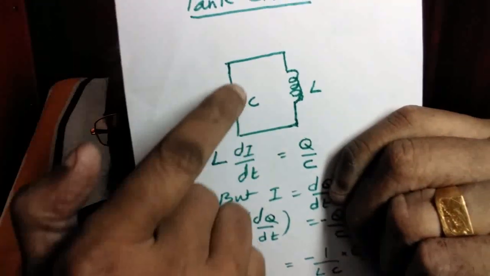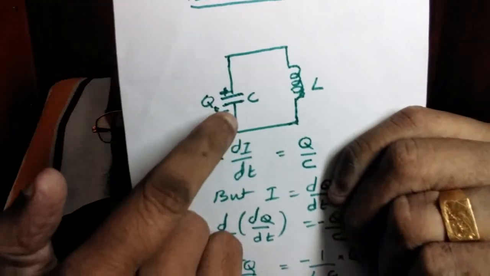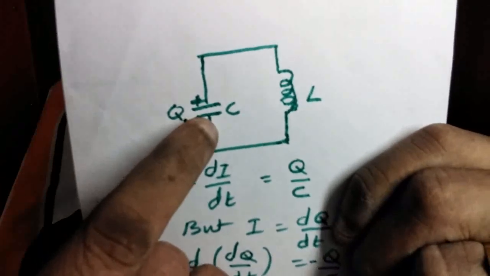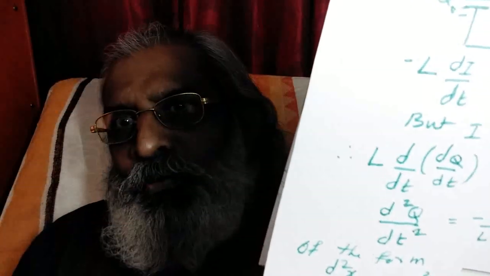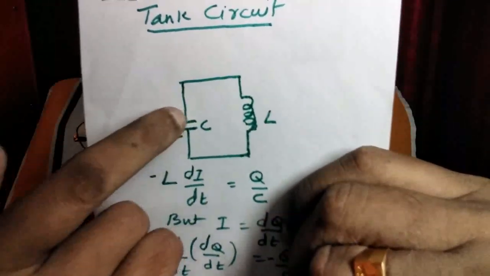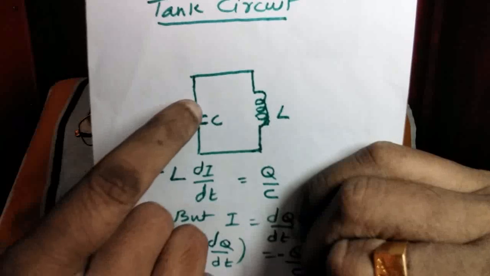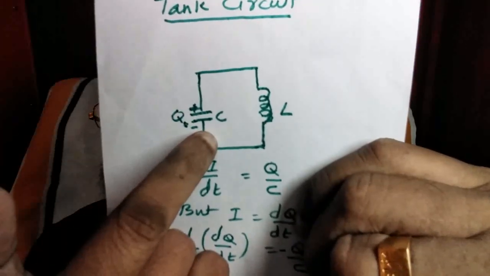Because of the electrical inertia of the circuit, in place of 2000 electrons, some more electrons, say 3000 electrons, will flow because of inertia, one behind the other, to the upper plate. So this plate becomes negative and this plus.